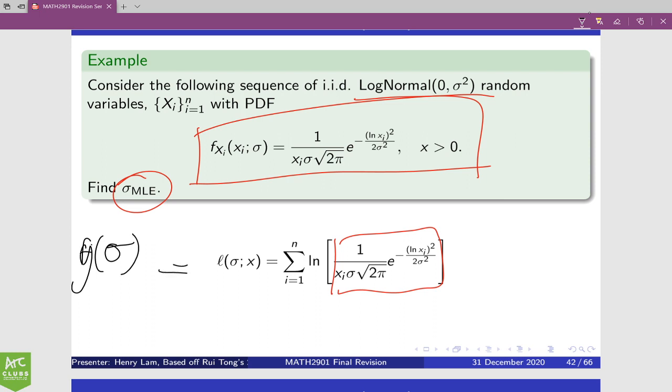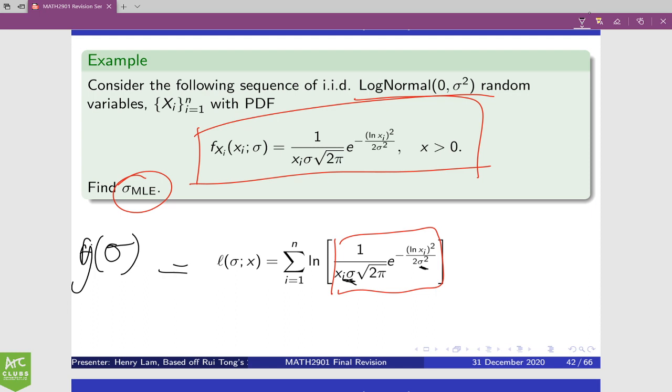So you're only focusing on sigma, because the x's are essentially constants from your perspective, because you collected this data already. You can't change them. The only thing you can change is this sigma over here and this sigma over here.